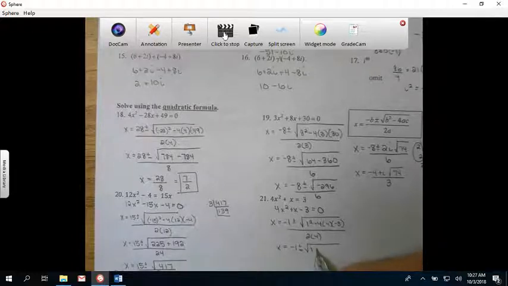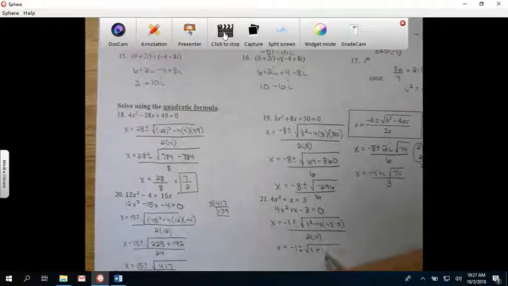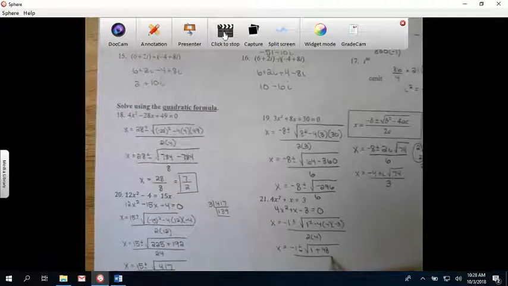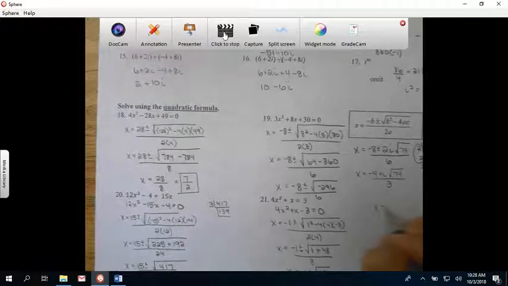So I will be adding 4 times 4 times 3, and then all of that divided by 8. I end up with the square root of 49, which we know is a perfect square.